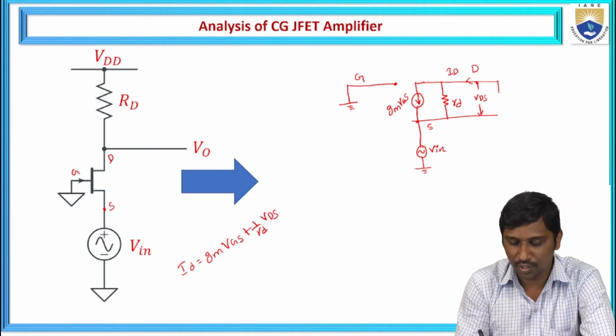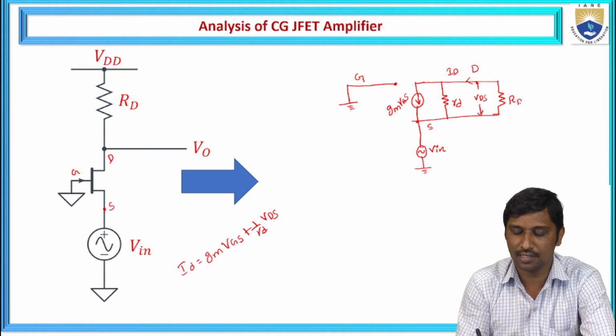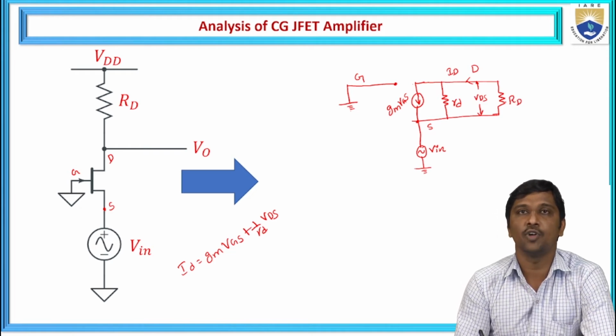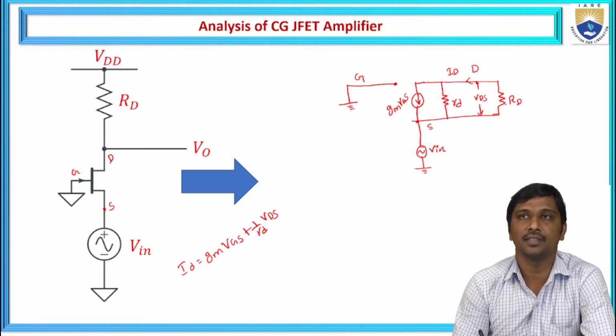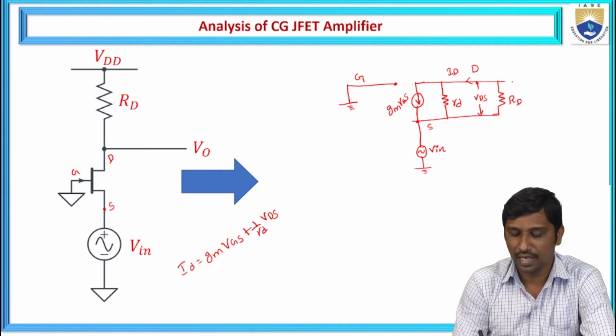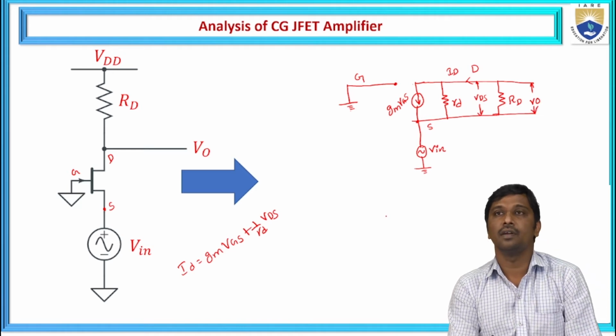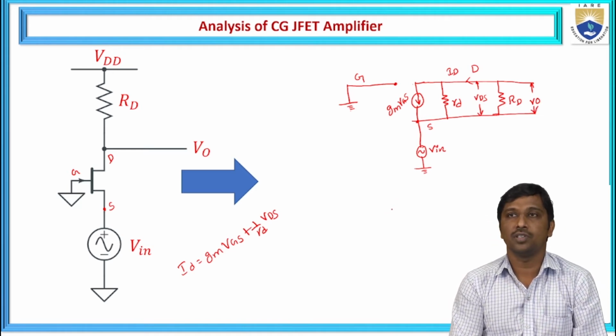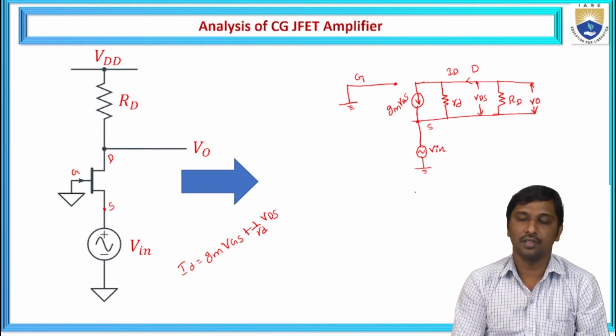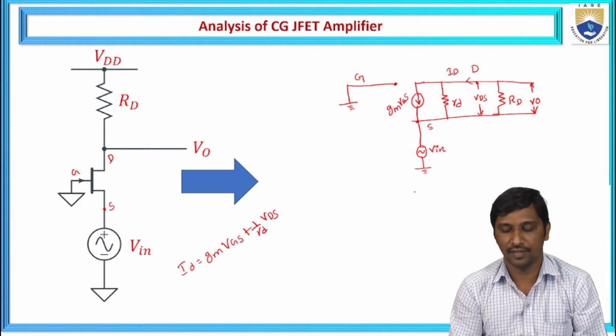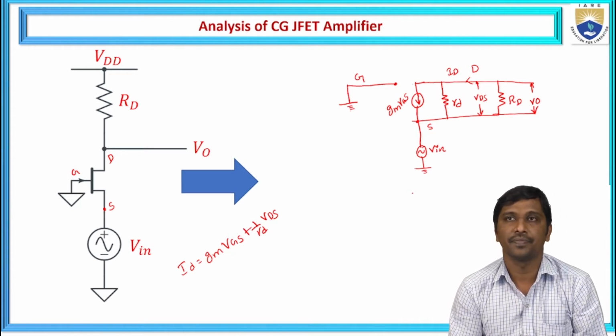Hence, I am going to connect an external load resistance, also called the output resistance or drain resistance. Across this, now I am going to find the output voltage V0. So this is the small signal model for the common gate JFET amplifier.